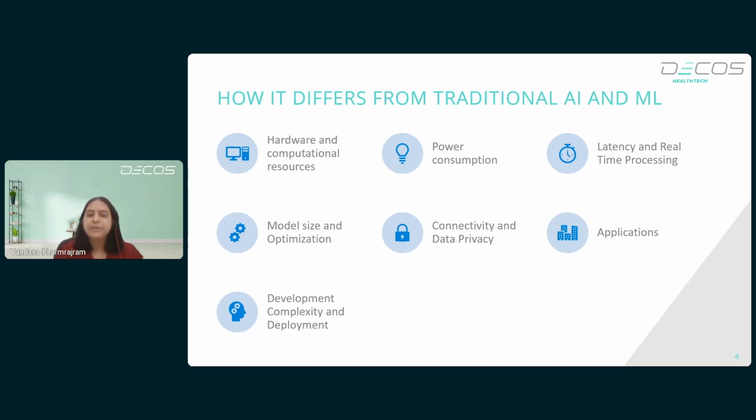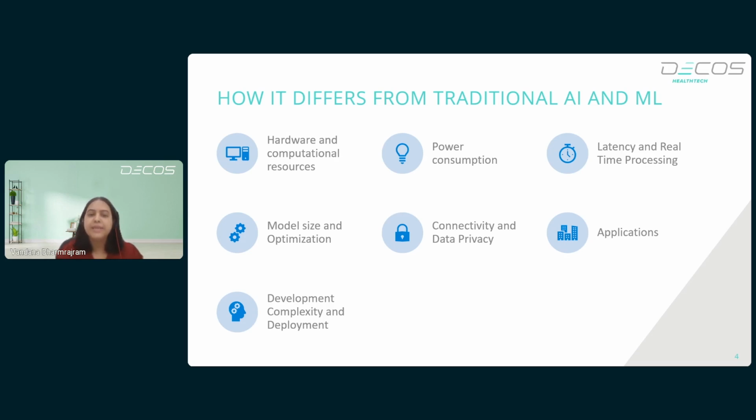Next difference is in power consumption. TinyML is optimized for ultra-low power consumption, typically milliwatt to microwatt range, enabling battery-powered, always-on applications. While the traditional AI/ML model requires significant power, typically watts to kilowatts, making it unsuitable for battery-operated edge devices.